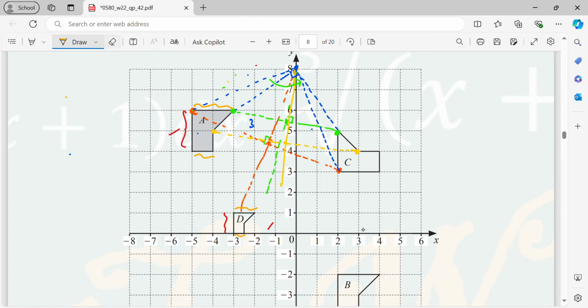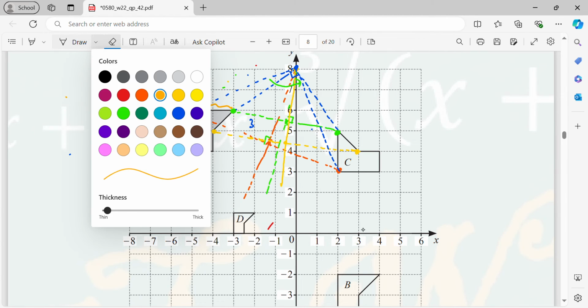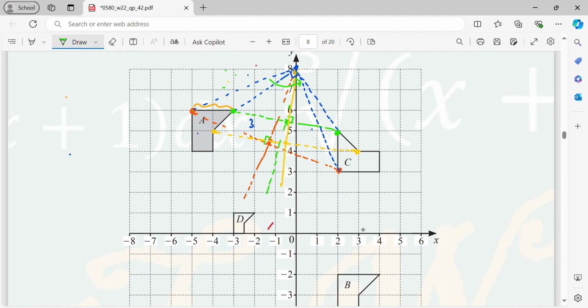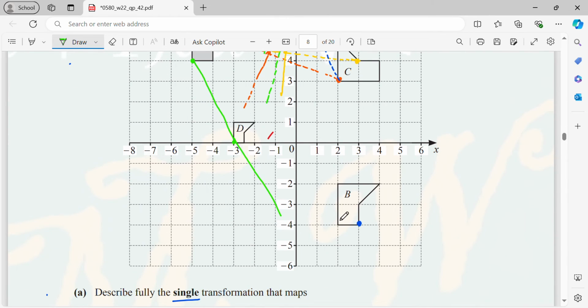So for the center of enlargement, what you need to do is join the corresponding points. Let's say this point, you join to this using a ruler. When you join using a ruler, join it and then extend it. My graph is not accurate, it's supposed to be here.